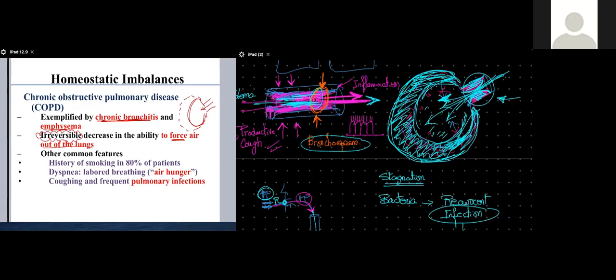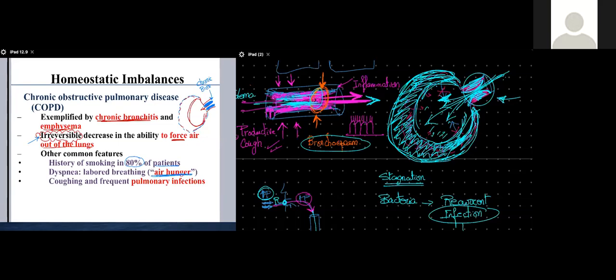The reversible part, if a person stops smoking, is that he will not be getting those recurrent infections. He will not be producing a productive cough. He will be able to reduce the chronic bronchitis. But the damage here to the lung parenchyma is going to be an irreversible damage. 80% of the patients with COPD have a history of smoking.